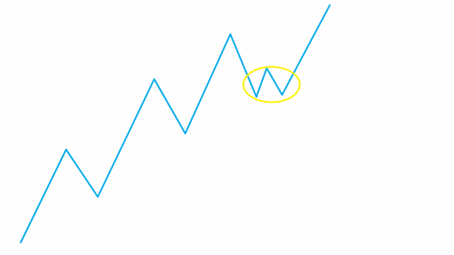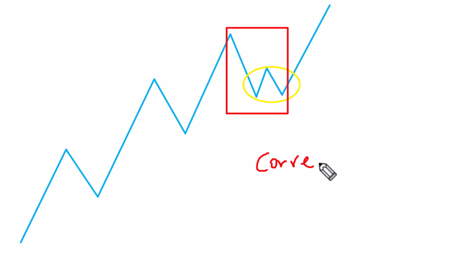And from this zone right here all the way to here is a corrective move. Now, all the price transformation in this red rectangular box is a corrective move against the direction of the momentum, or direction of the bullish trend.